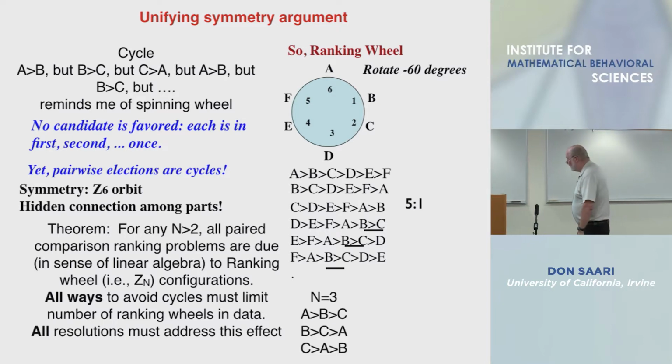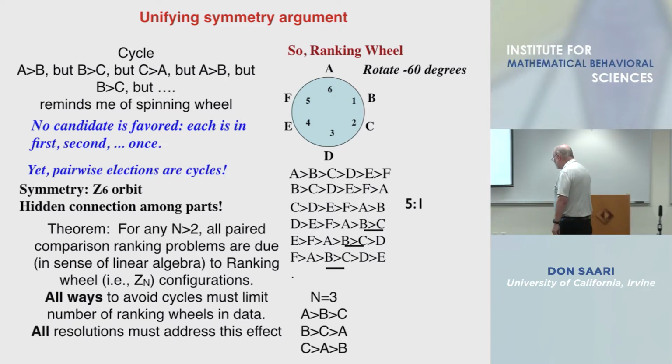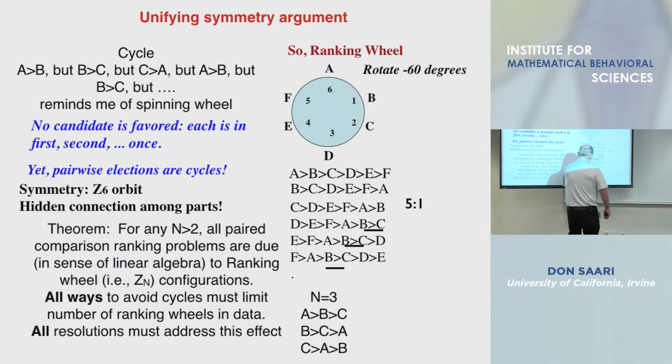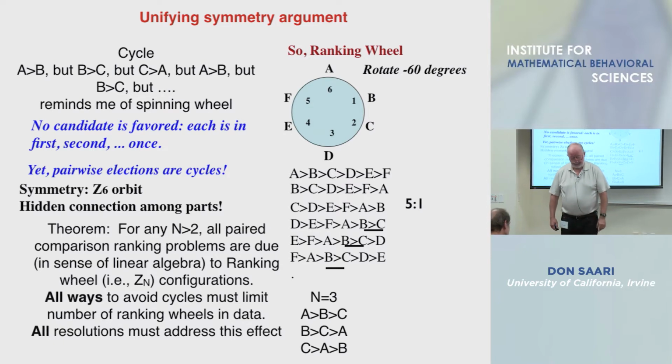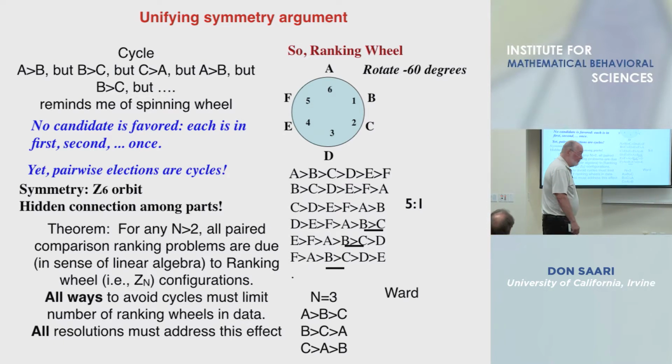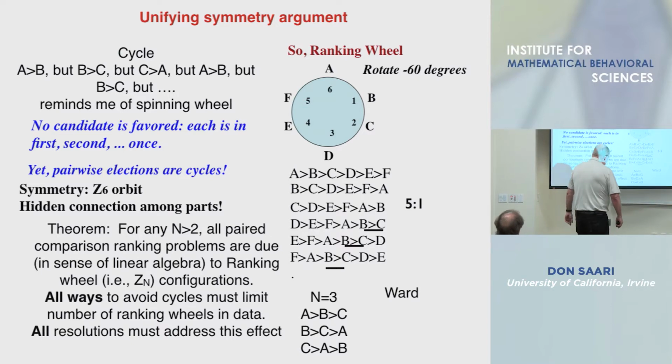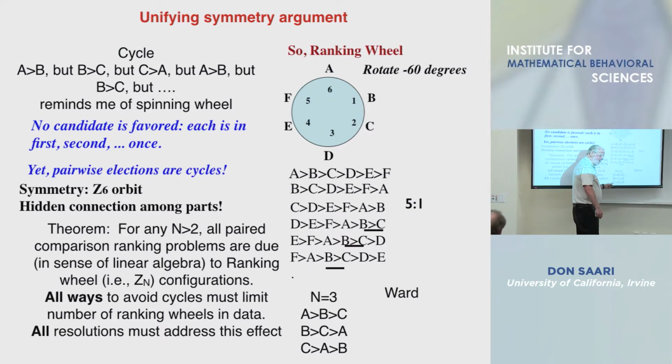Let's take an example. Here's a ranking wheel configuration for 3 candidates, A, B, C, B, C, A. See, A is in first place, first, second, third, etc., but in a special order. Now let's take a look at Ward's condition. Ward's condition is not satisfied here. Because Ward's condition says either some candidate is not top ranked, well, they're all top ranked, or some candidate is not middle ranked, or some candidate is not bottom ranked.